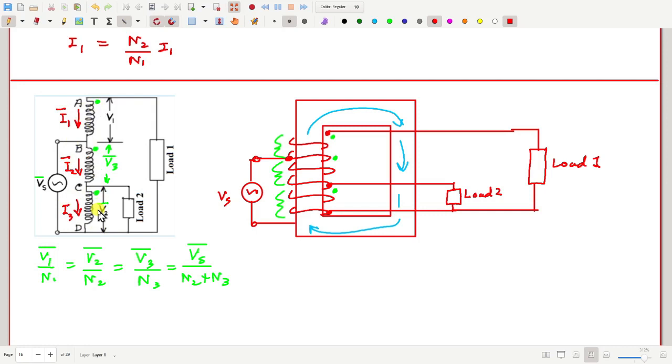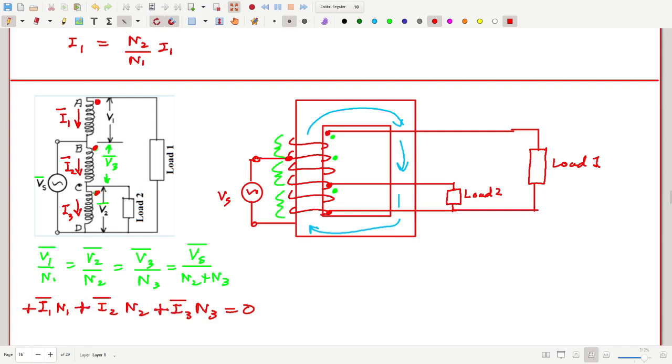So what should be the other governing equation for this transformer? I1 N1 plus I2 N2 plus I3 N3 should be equal to 0. Total MMF is 0. I have taken all the currents flowing from the dotted side, so all this should be positive here, plus, plus, plus, add them up.